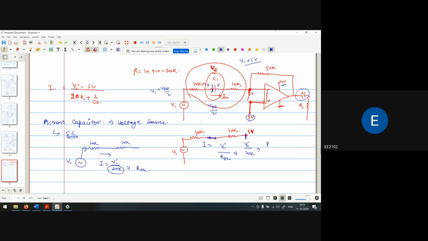That's why I am giving the R equivalent, the RTH, and that R equivalent is 20K. But if you see in the input side, there are no other resistors available, so this R equivalent is also equal to the RTH.